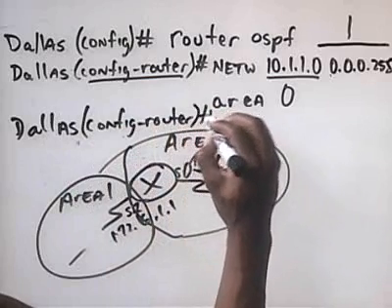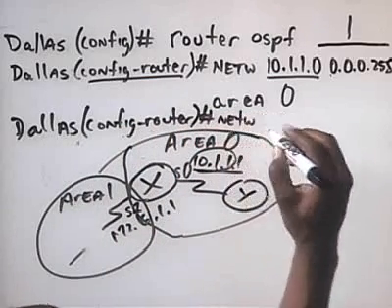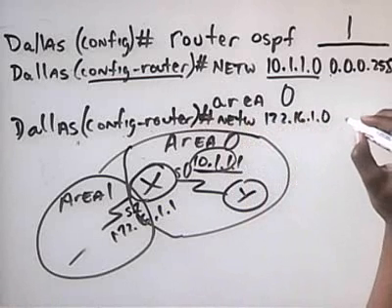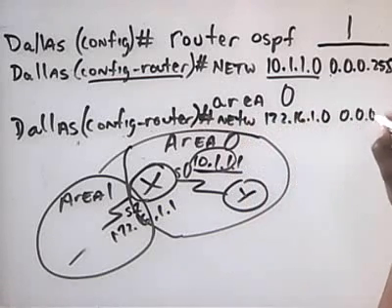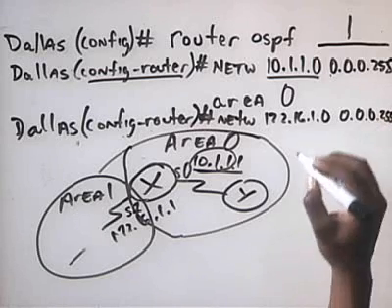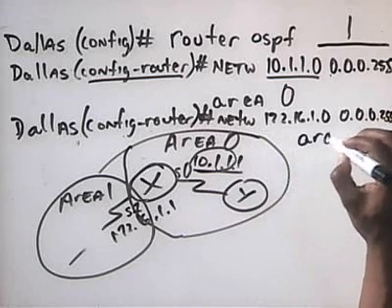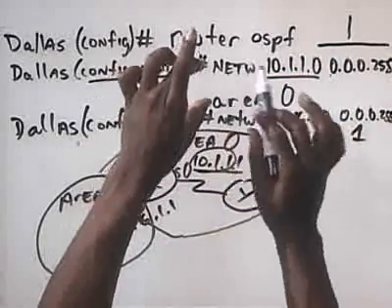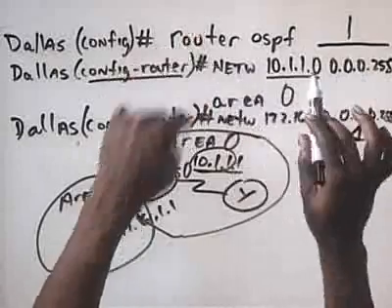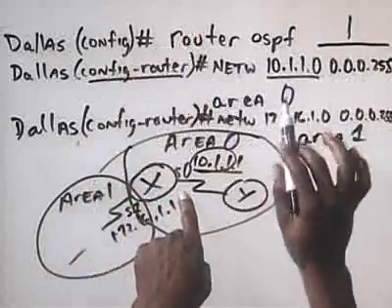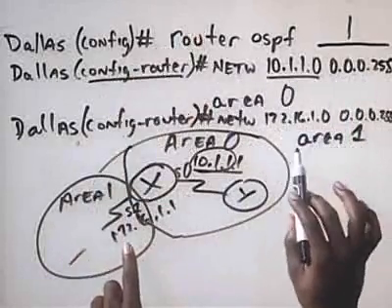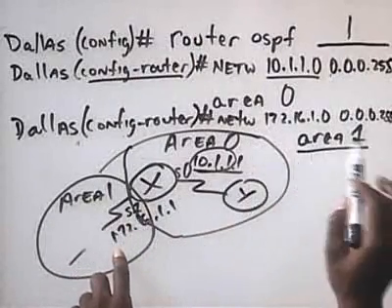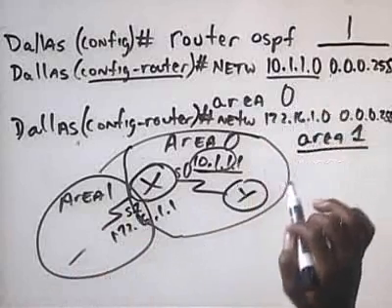This interface would be configured with network statement 172.16.1.0, and the wildcard mask, we'll use the same wildcard mask. This time, though, we'll indicate area 1. This puts the serial 0 interface in area 0, and then the second line puts the serial 1 interface in area 1. So this is multi-area OSPF.